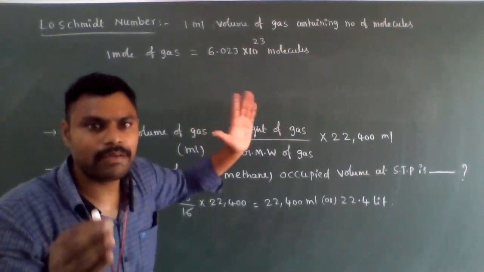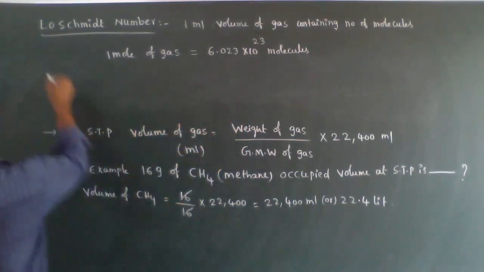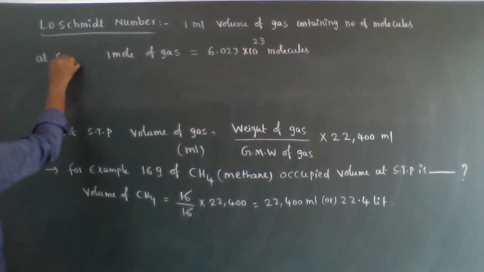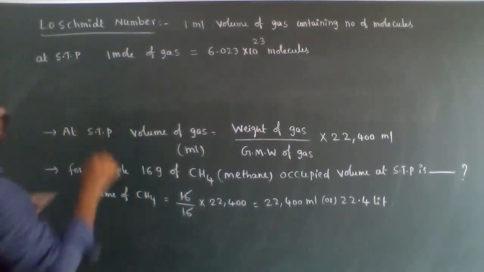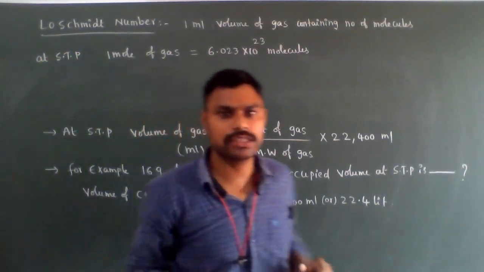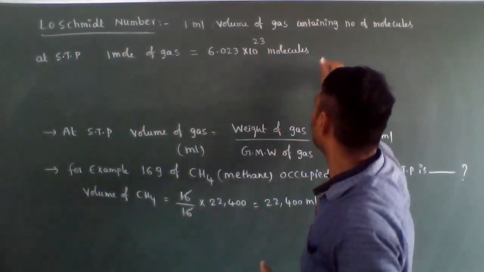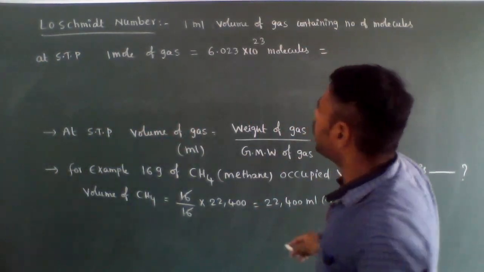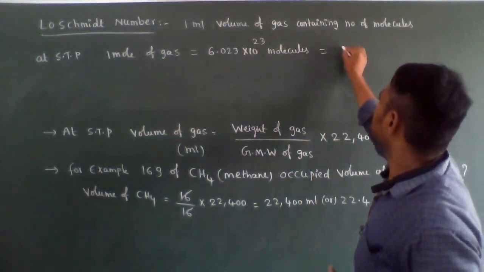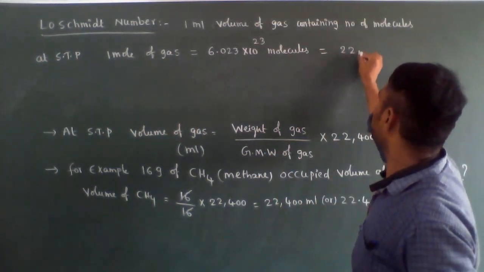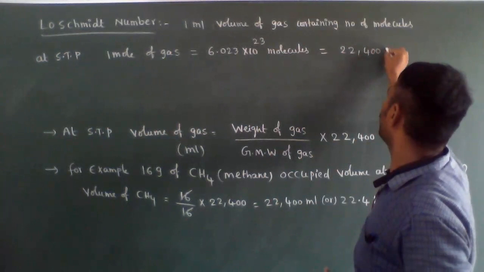At STP, 1 mole of gas contains 6.023 into 10 to the power of 23 molecules and always occupies a volume of 22,400 ml.